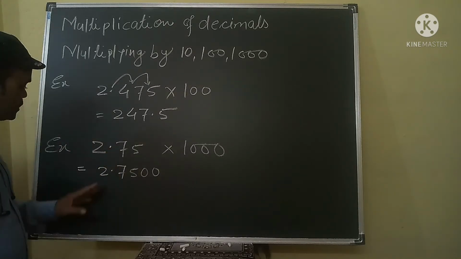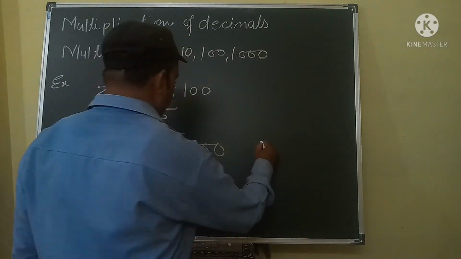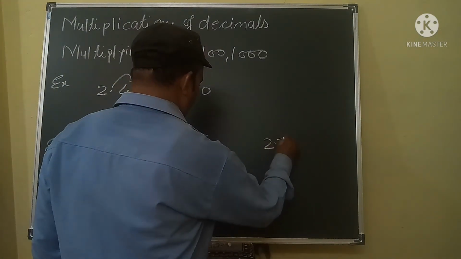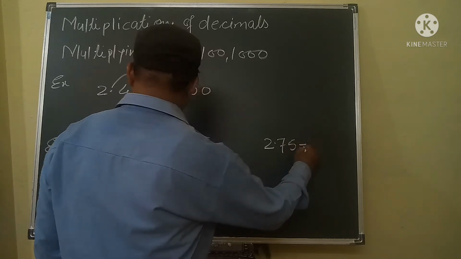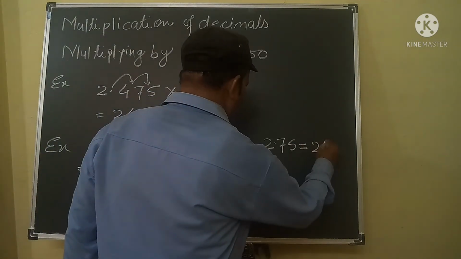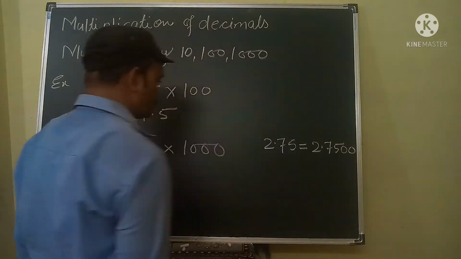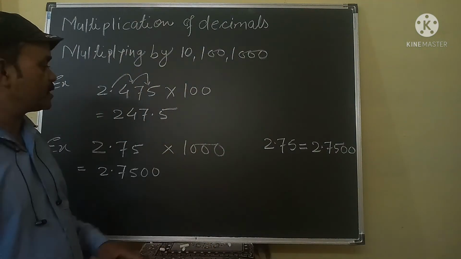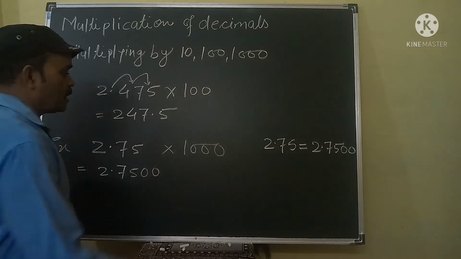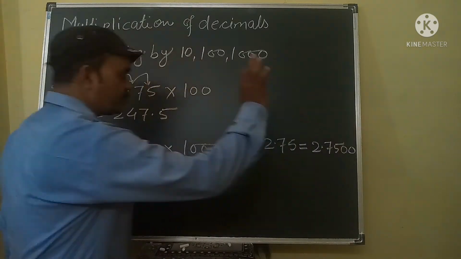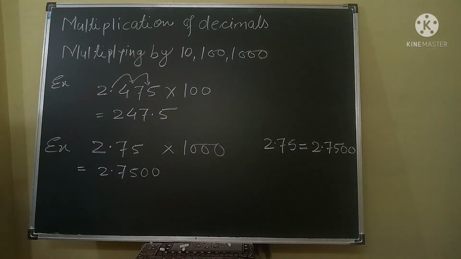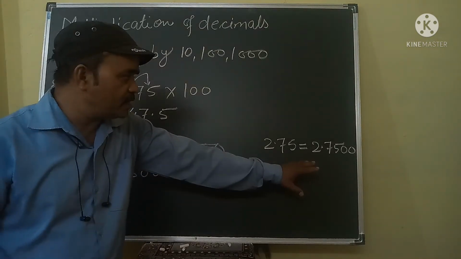Both values are the same. That means 2.75 is equal to 2.7500. After 5 we can take as many zeros as we like.